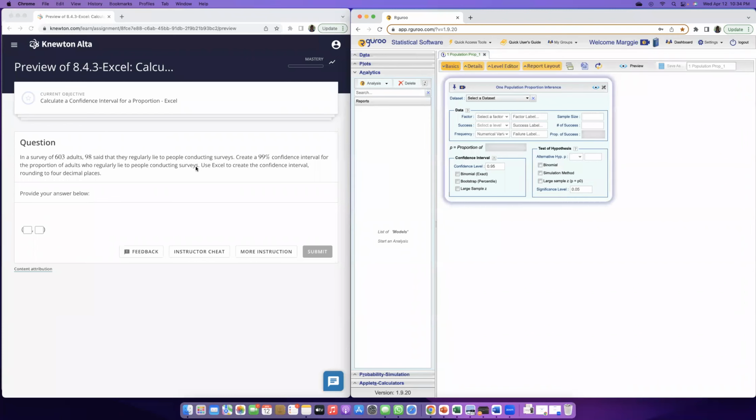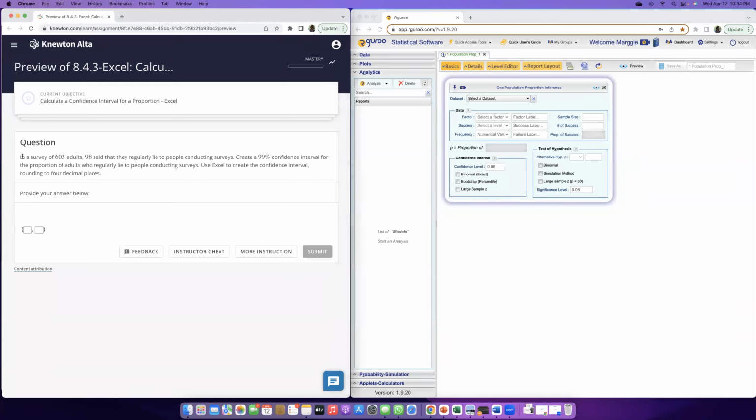When we're working with proportions, we always need to know what's the sample size and what is the number of successes, because the quotient between those two, the division between the two, that proportion is your probability of success.